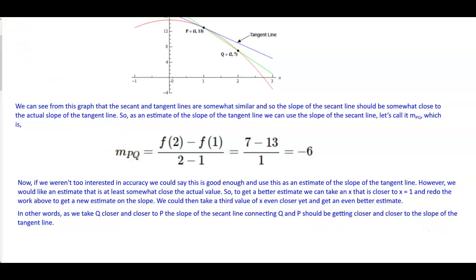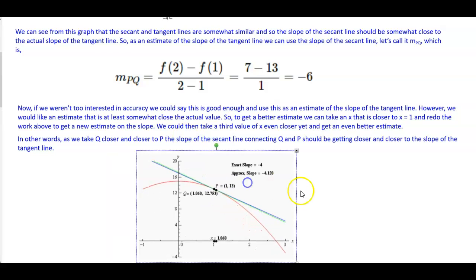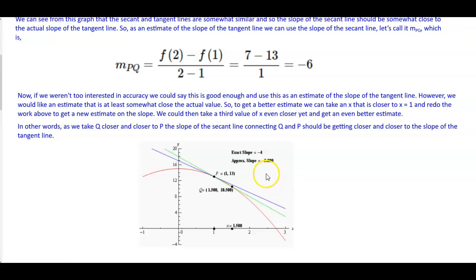So let's take a look at a graph that shows Q getting closer to P. Here we can see that this is getting closer and closer to P. And we can see that the exact slope up here is actually -4.